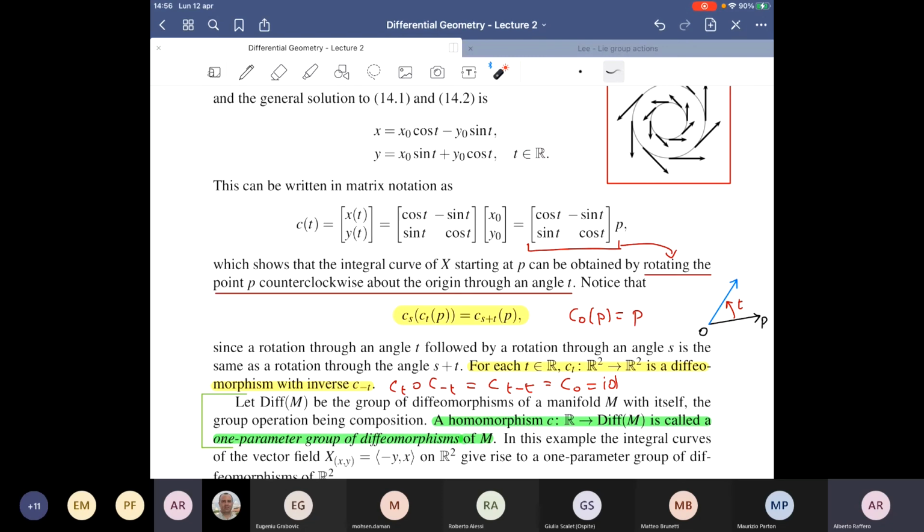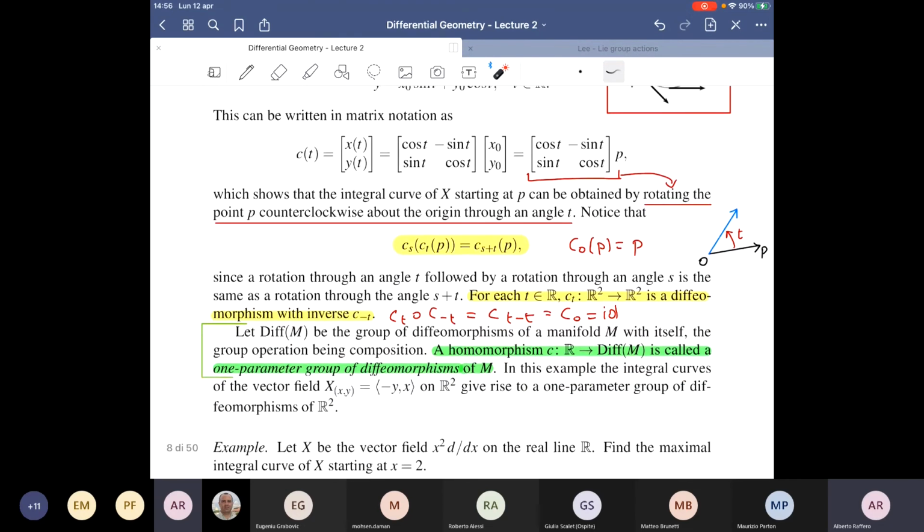And moreover, you can think of this as a map C going from R to the set of diffeomorphisms of R2 in this case. And in particular, this is a special map because in some sense it preserves the group structure that you have on R and the group structure that you have on the space of diffeomorphisms of R2 in this case.